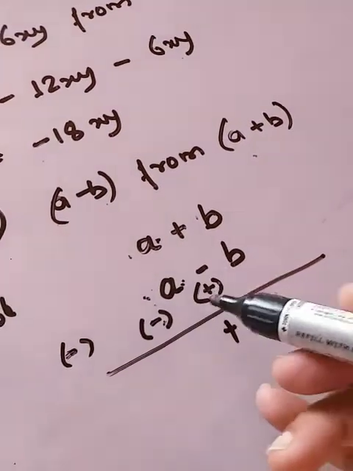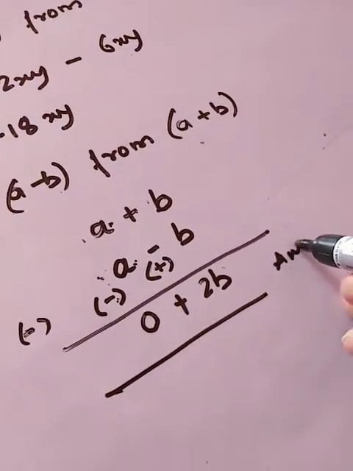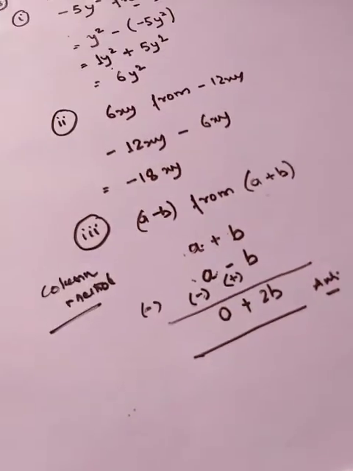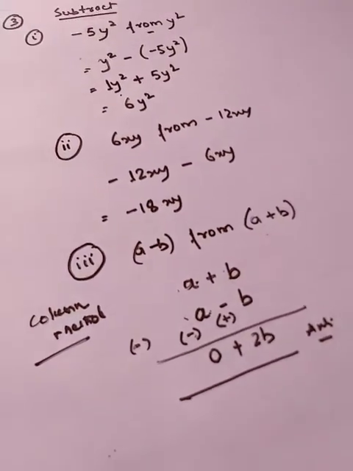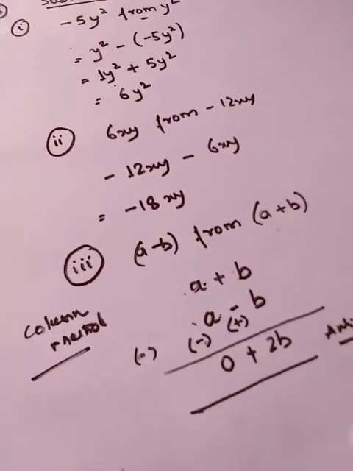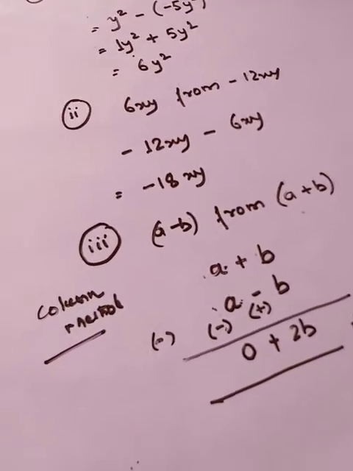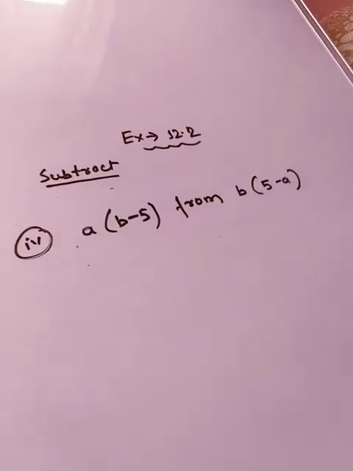Minus. So a minus a is what? 0. So this is the answer. Okay, let's do some more examples, and I believe that this column method will become easier once you start doing more and more examples. Okay, so let's move on to question number 4.